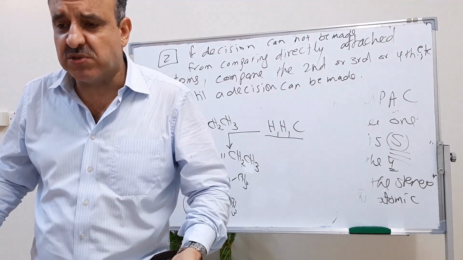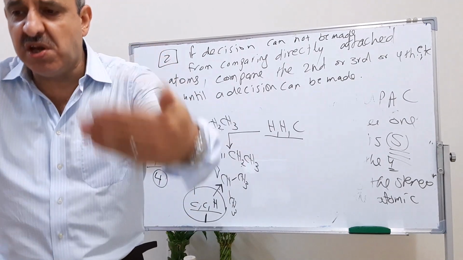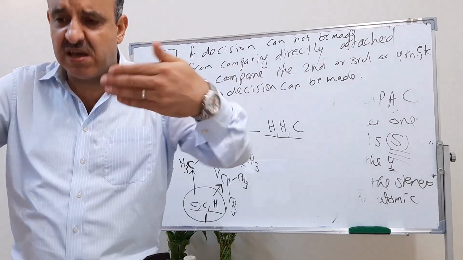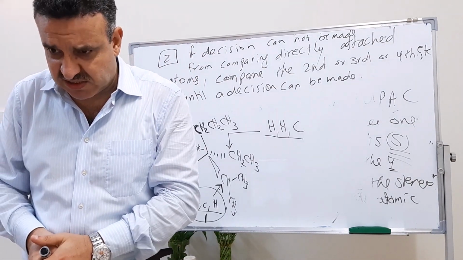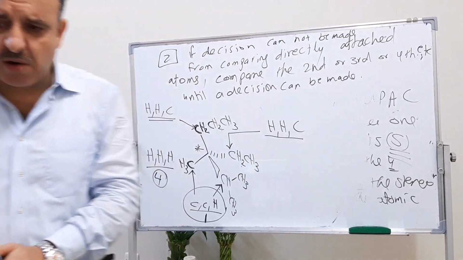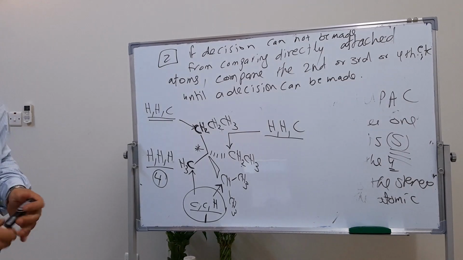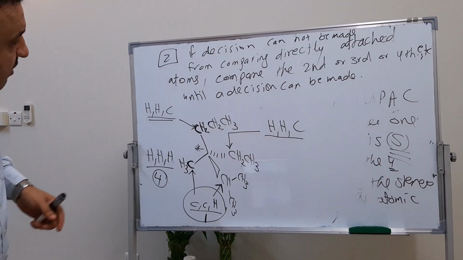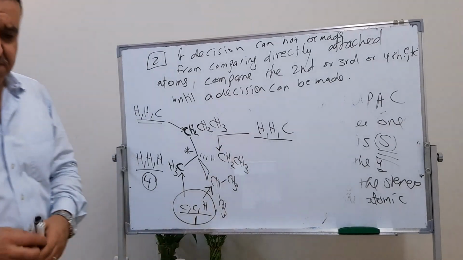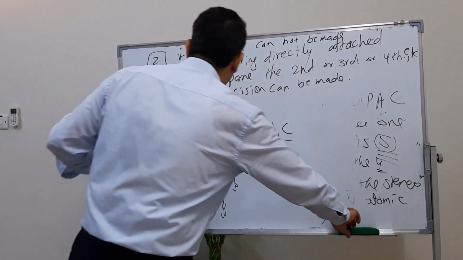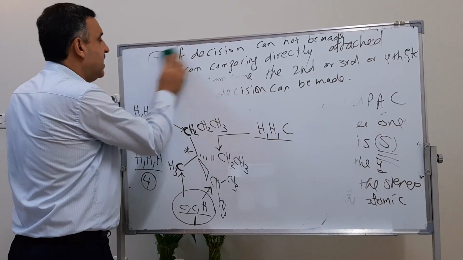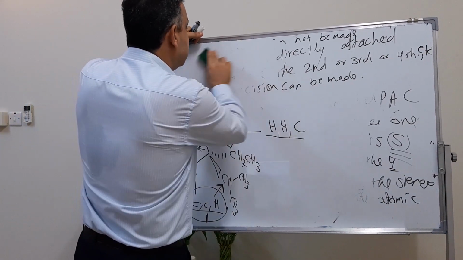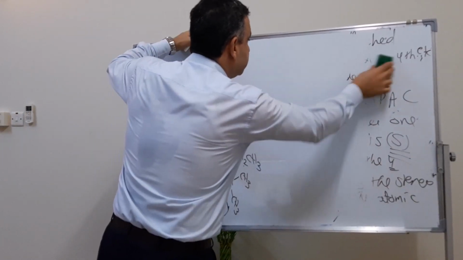Therefore, we cannot decide now. We must continue the comparison further until we find a decision. Do you follow me? Now, how do we do so? We can continue comparing further until a decision can be made.